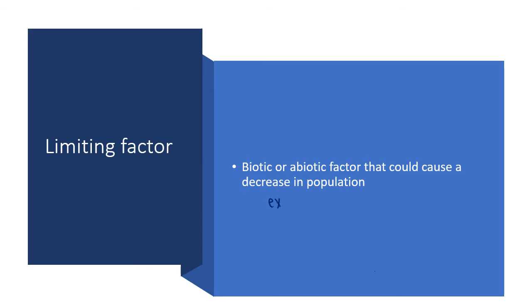These are going to be things like resources, living space, and resources could be water, food, mates, okay, living space, and then we're going to get into actually some more abiotic ones as well. But anything that can limit the existence of an organism is a limiting factor. If you don't have enough food, your population will not continue to grow. You don't have enough space, no room to go to.